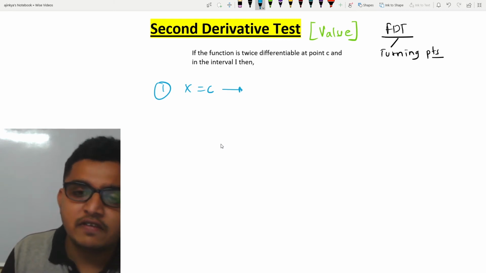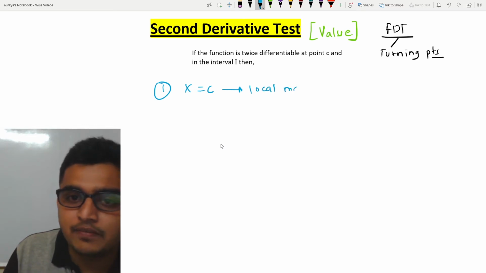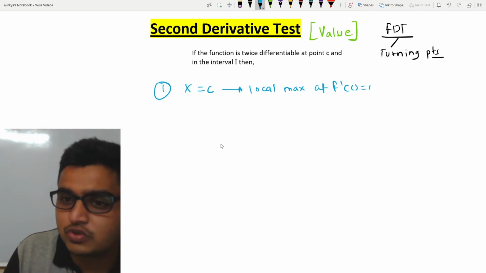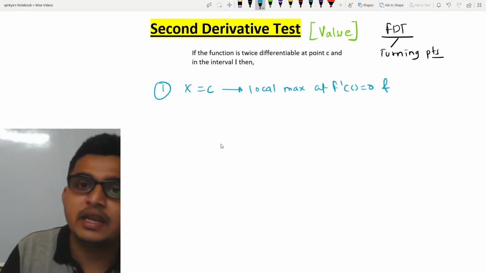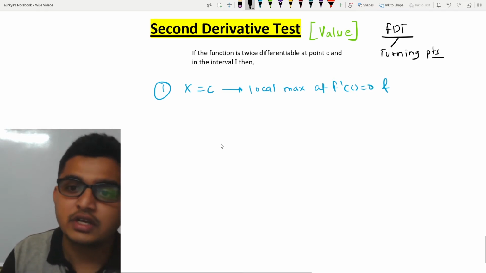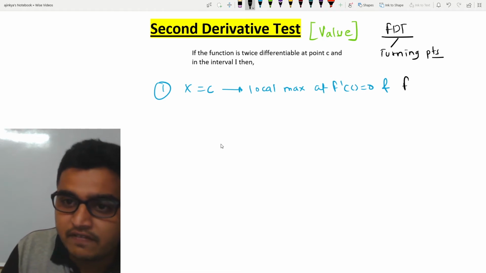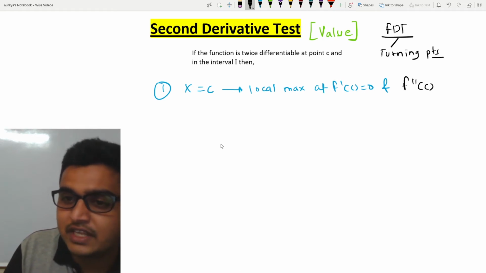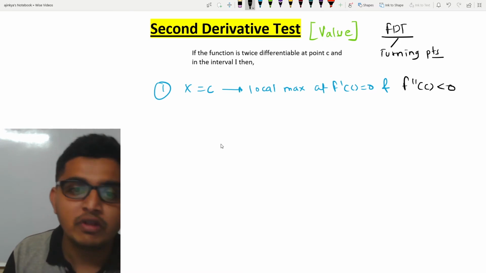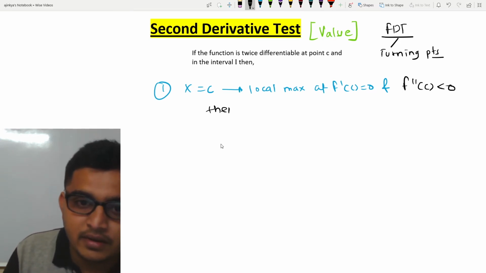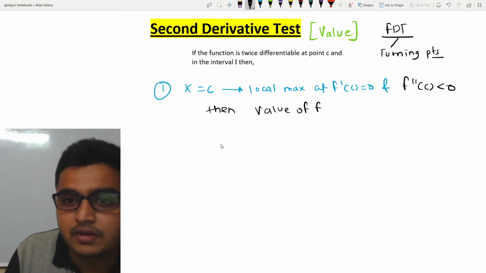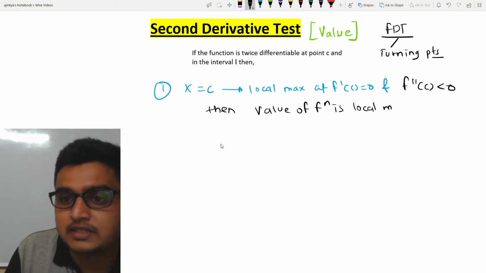It says that if the point c is at local maxima, f dash of c equals 0, and now here another important condition comes, which is f double dash of c, if it is less than 0, then the value of the function is a local maximum value.